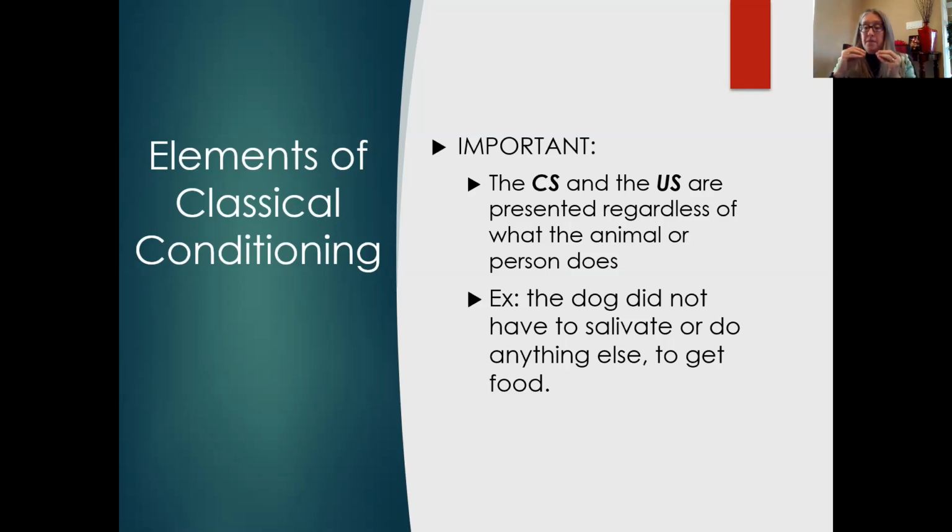Those things have to happen together regardless of what you're doing in order for us to say, oh, your blinking to the black square was caused by classical conditioning. Okay, so the CS and the US have to be presented together. In this case, the bell, or I think they were doing the whistle, or the metronome and the food have to be presented together regardless of what the dog does in order for us to say classical conditioning occurred.